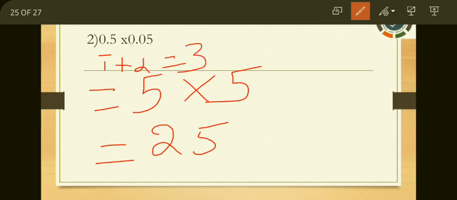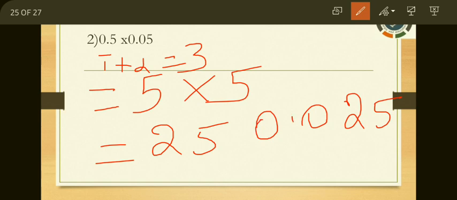Now mark the decimal point after 3 digits from the right. Already here only 2 digits, so you need one more digit. So add 0 to the front. So what is the answer? 0.025. What is the answer of 0.5 into 0.05? Answer is 0.025.